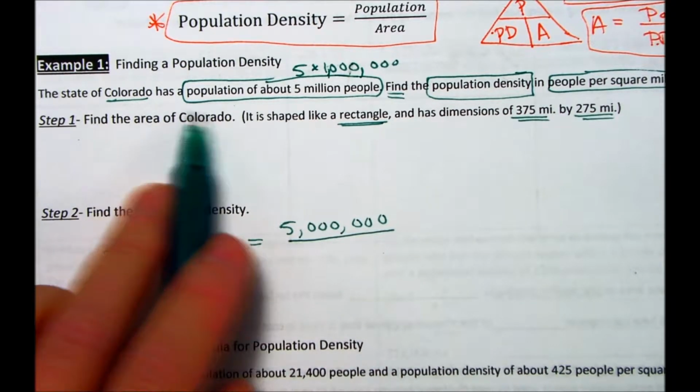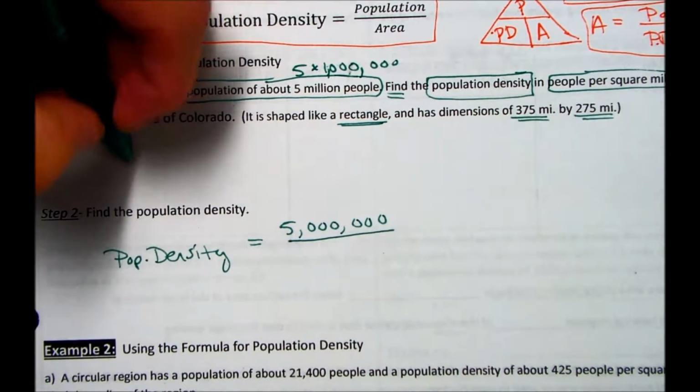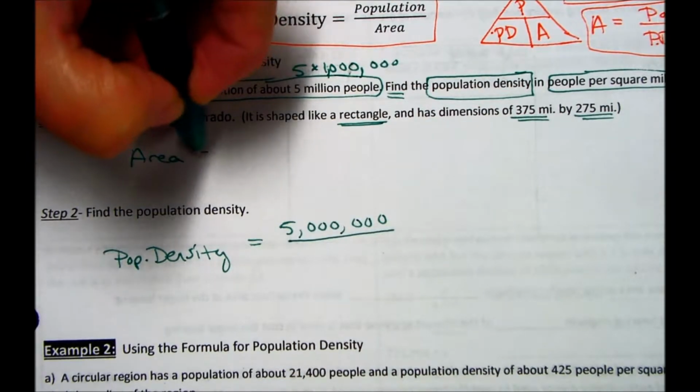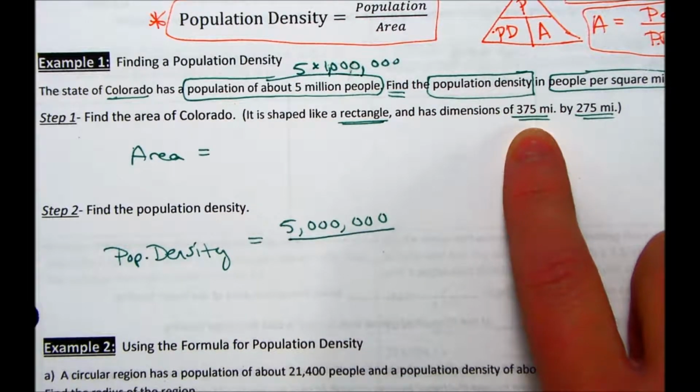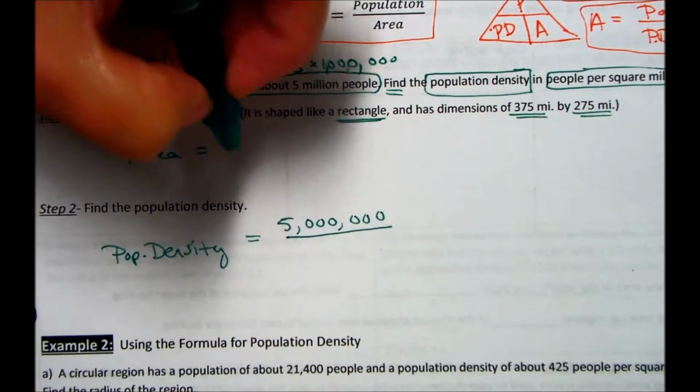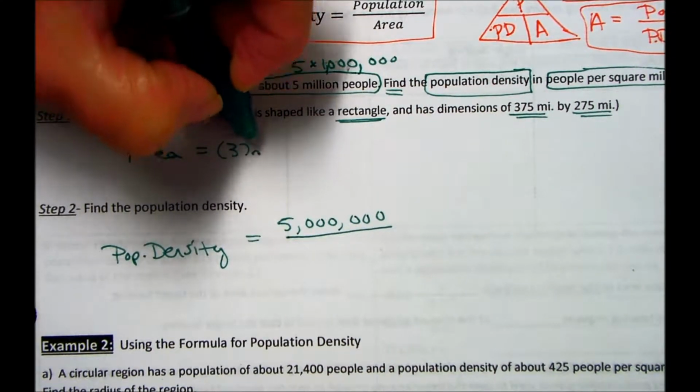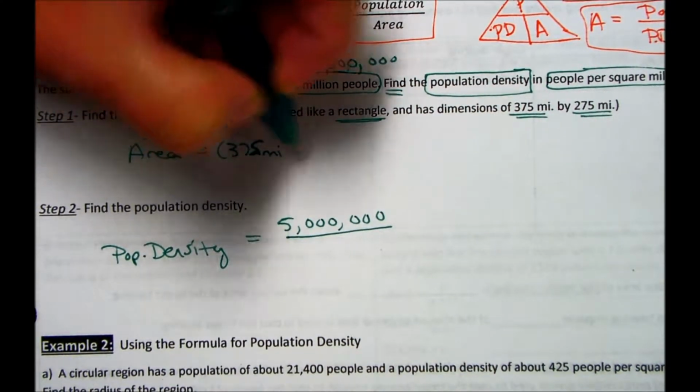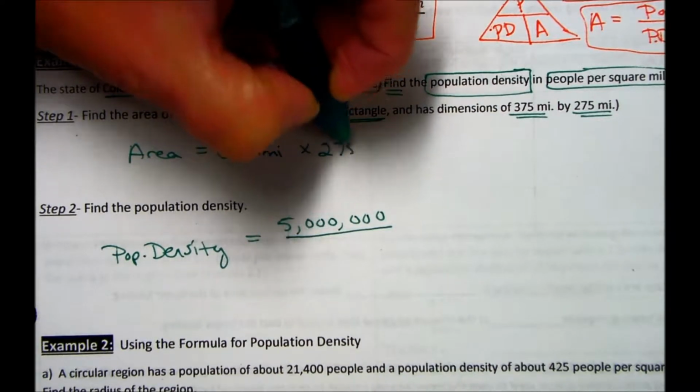So you might want to find the area first. So the area of Colorado is going to equal 375 miles times 275 miles.